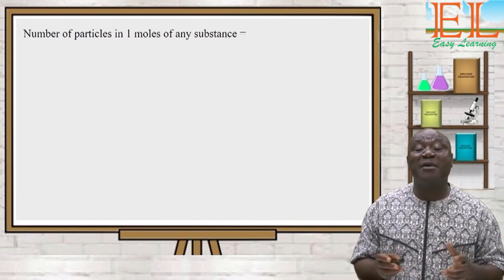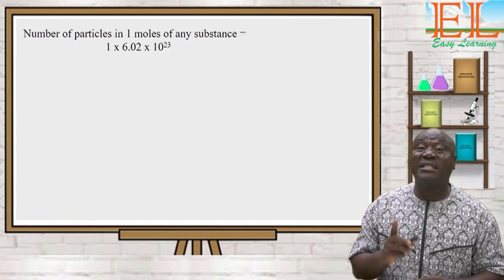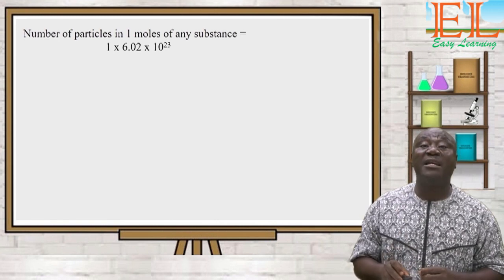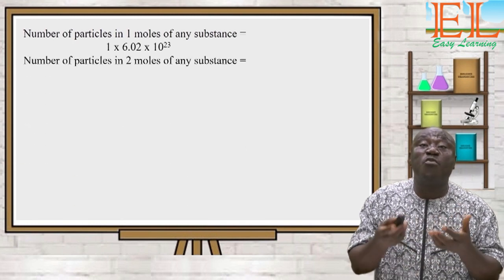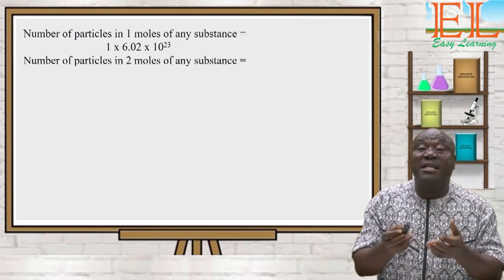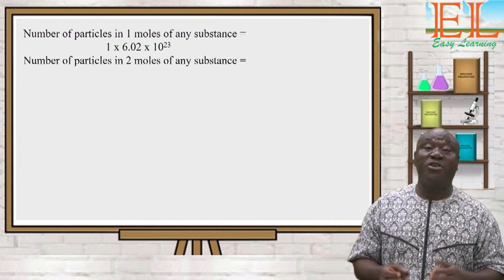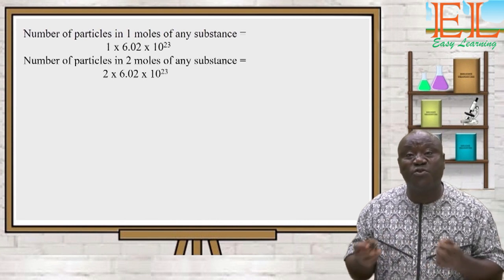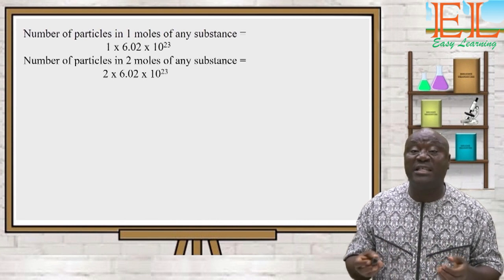This will be done by multiplying 1 by 6.02 times 10 raised to the power 23. Similarly, if I give you 2 moles of a substance, how will you determine the number of particles? Correspondingly, you have to multiply 2 by 6.02 times 10 raised to the power 23.